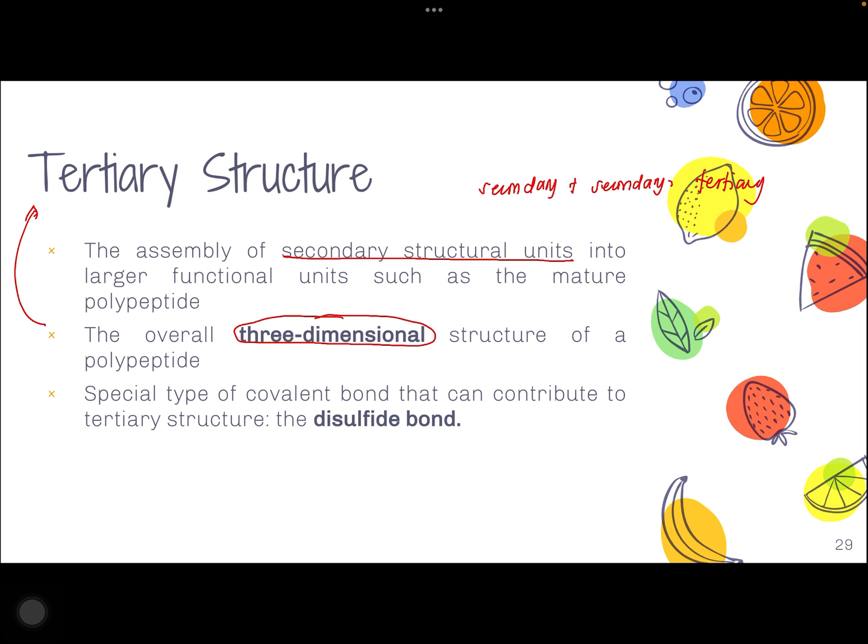A special type of covalent bond that can contribute to the tertiary structure is the disulfide bond. Between your secondary structures, a disulfide bond allows the attachment of two secondary structures to form your bigger tertiary structure, which is three-dimensional in conformation.